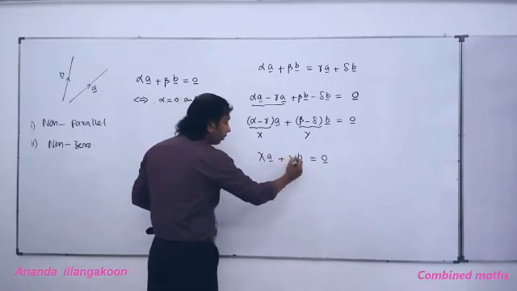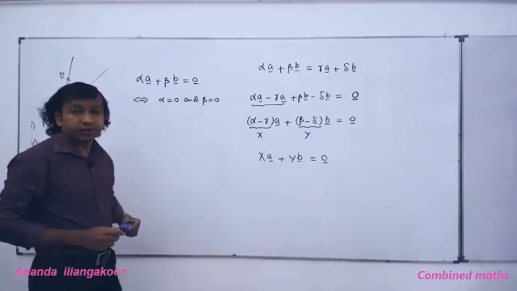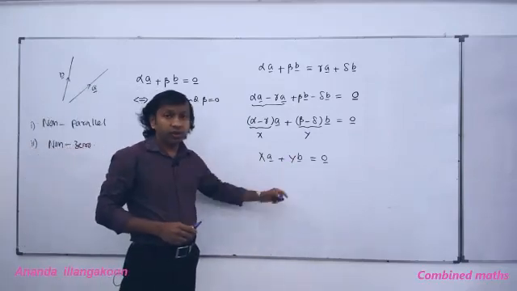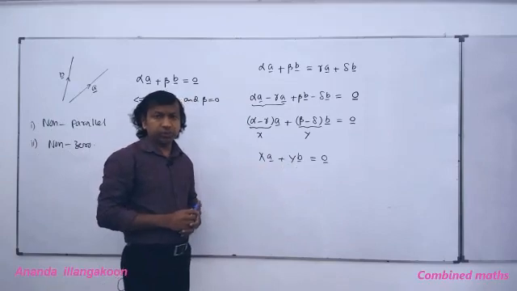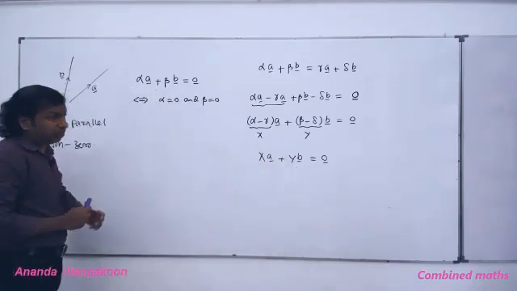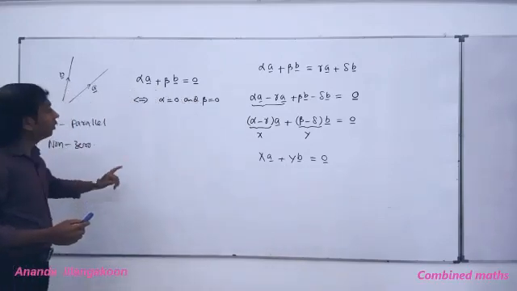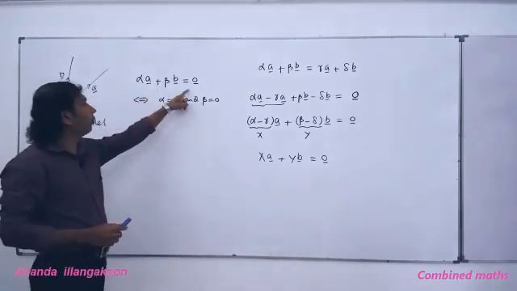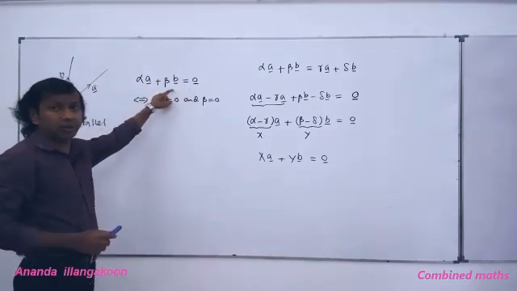What are these x and y? These x and y are two scalars, and A and B are two vectors, non-parallel, non-zero. Understood? That means the result we have here is very similar to the earlier result. A and B are two non-zero, non-parallel vectors. Alpha, beta are two scalars.